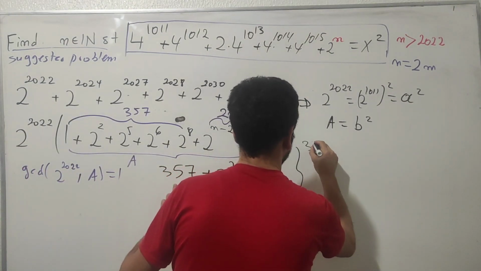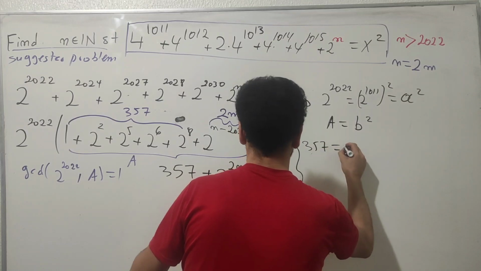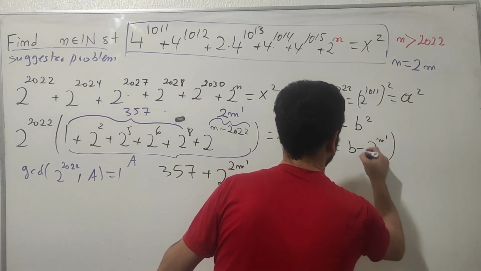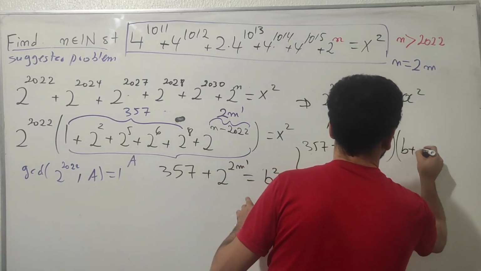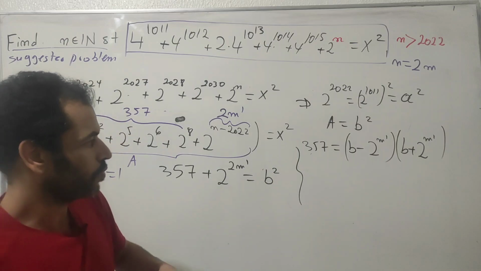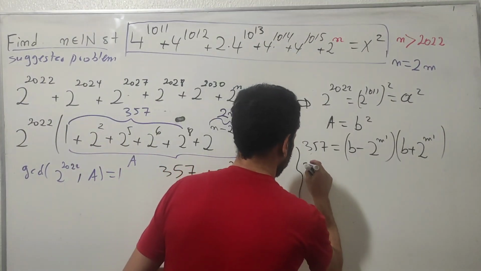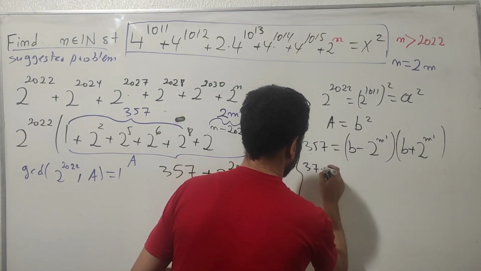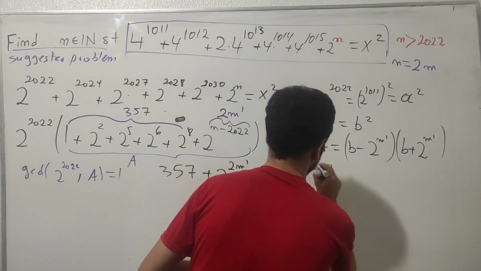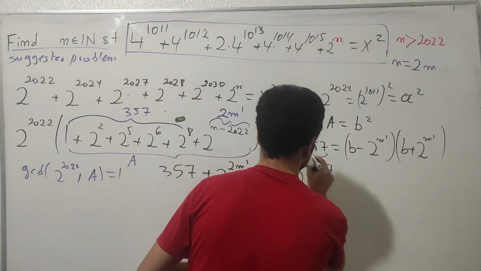So we get 357, which equals (b minus 2 to the m prime) times (b plus 2 to the m prime). We know 357 equals 3 multiplied by 7 multiplied by 17.